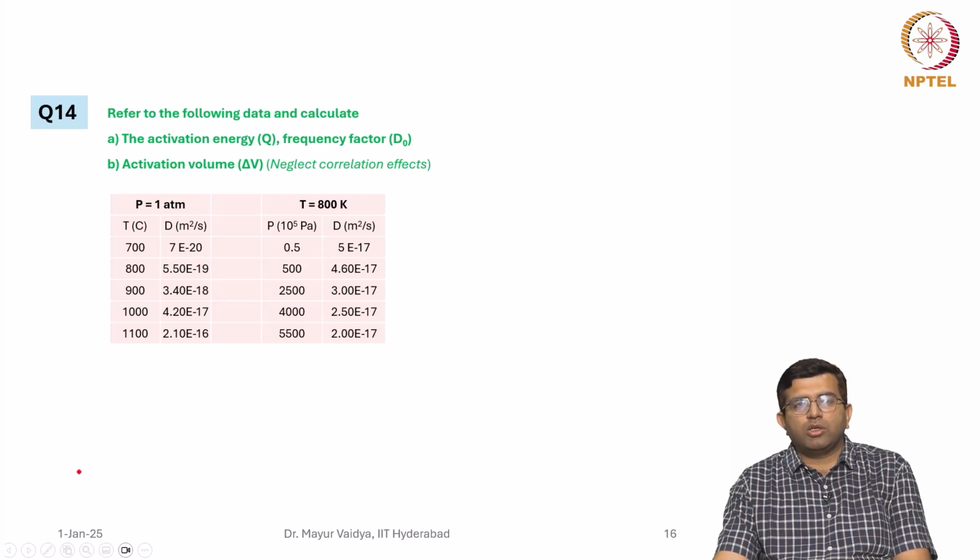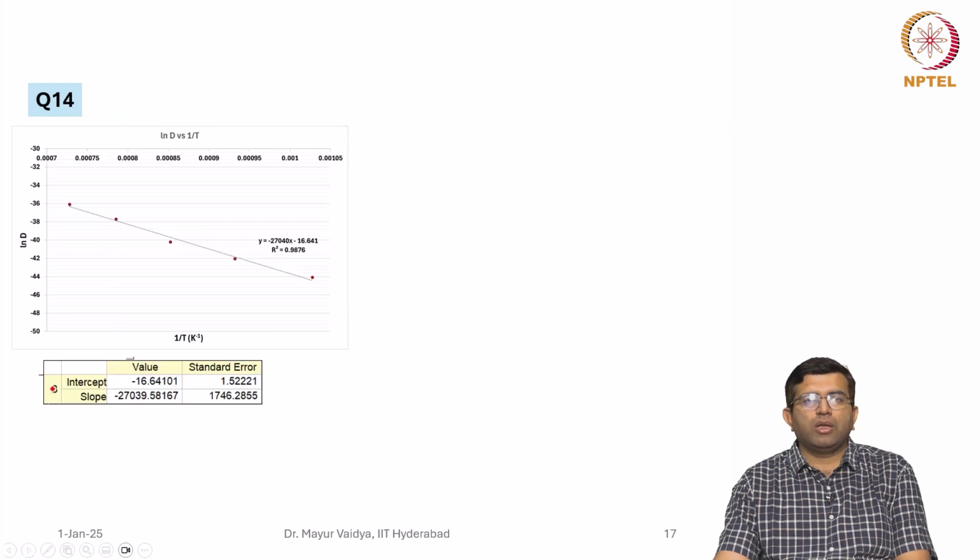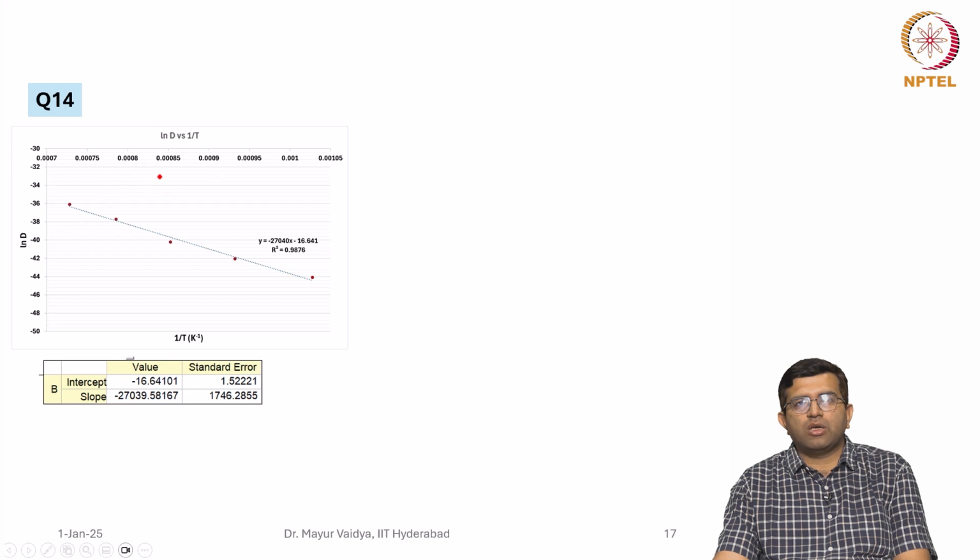So, what you do is you plot this graph one by one. Let us say I have done it in Excel. You plot log D versus 1 over T. Here this is the 1 by T scale, and if you do a linear fit, you will get a slope and an intercept.